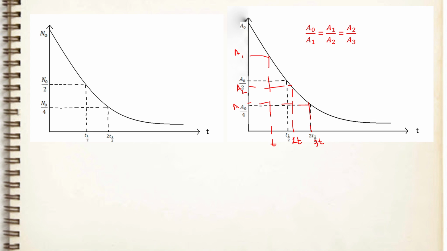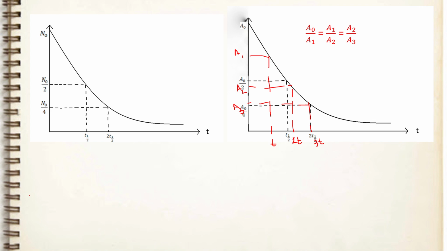Now what I mean by exponential decay is that at equal time intervals, the ratio of A0 to A1 will be equal to the ratio of A1 to A2, equal to the ratio of A2 to A3, if the graph follows an exponential decay. Similarly, if I do the same thing for N0, it will be the same: N0 over N1 equals N1 over N2. So that's how we show a graph follows exponential decay, right?